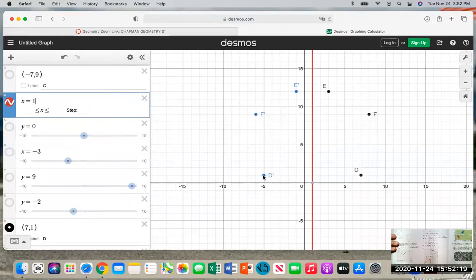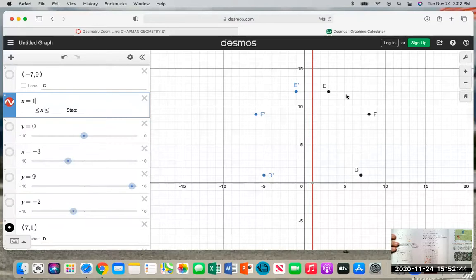So I think we found our composition, right? The first thing we want to do is reflect it across this line, x equals 1. And then we want to shift all of these pre-image points up 3 units, right? Those are the 2 things we did. Reflect across line x equals 1 and shift those pre-image points up 3 units.